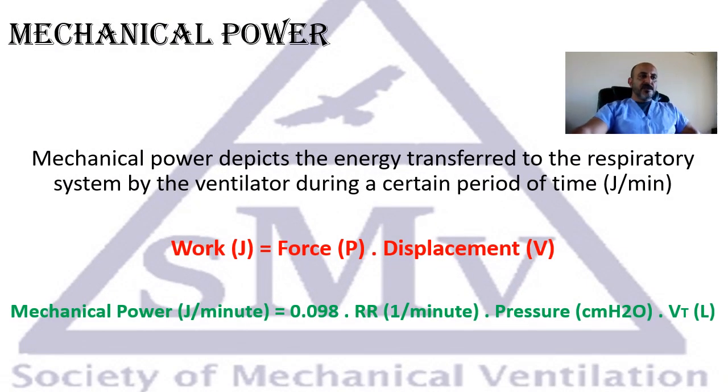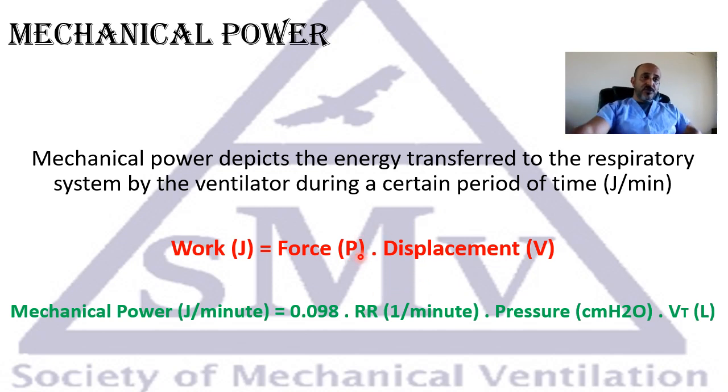So what is the mechanical power? Mechanical power basically depicts the energy transferred to the respiratory system by the ventilator, and again by the ventilator and the patient, during a certain period in time. So it's joules per minute. So we know from Newton's law that work, which is only in joules, equals force. So there is a force by the ventilator and the patient, that's a pressure, that causes displacement or movement of tidal volume.